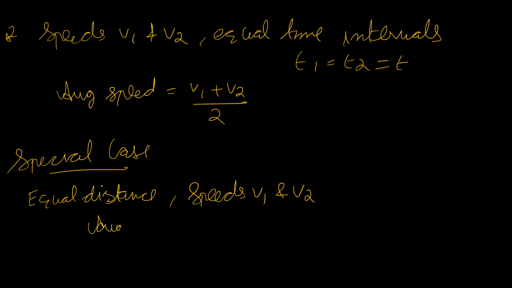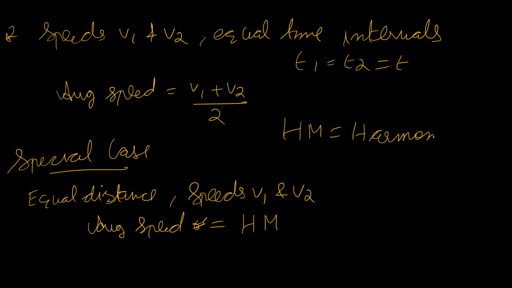That is, average speed is equal to harmonic mean, HM. HM means harmonic mean. Those who don't know the spelling can write it down: harmonic mean, HM of two speeds. Those who have learned harmonic progression in the sequences and series chapter, they know this.